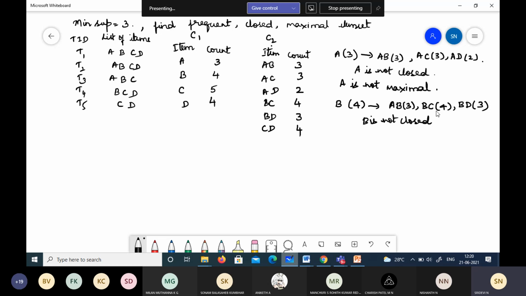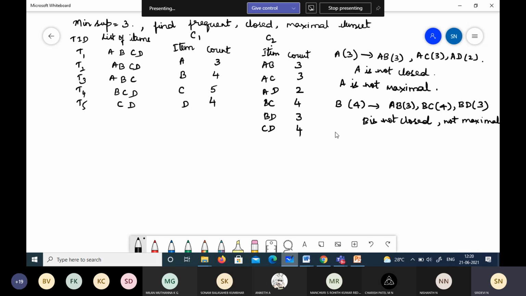Is it maximal? No, because the support count is 3 and there are 2 immediate supersets with support count 3, so we cannot call it maximal. B is not closed and not maximal.